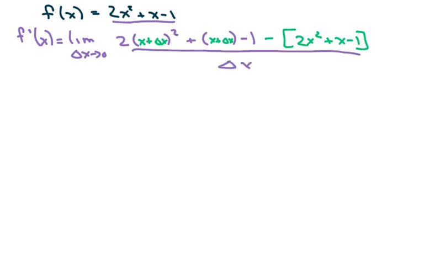Now, quick note, this right here follows your rules. This is going to be x squared plus 2 delta x plus delta x squared. And then I'm merely going to multiply this through by 2.